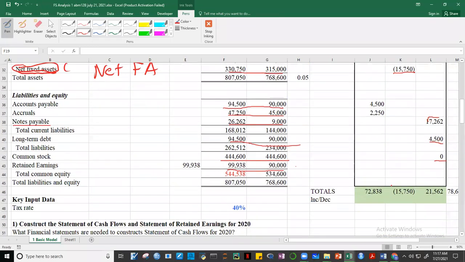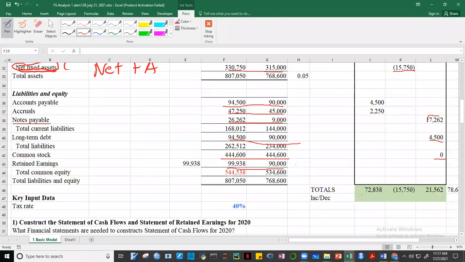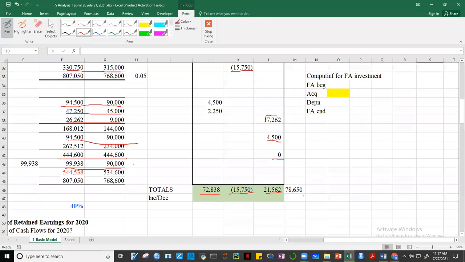now, when we add everything, we have net cash provided by operations, net cash used by investing, and net cash provided by financing. The total is 78,650. Now, we have a problem kasi sabi natin, dapat ang total na to, dapat 2250.